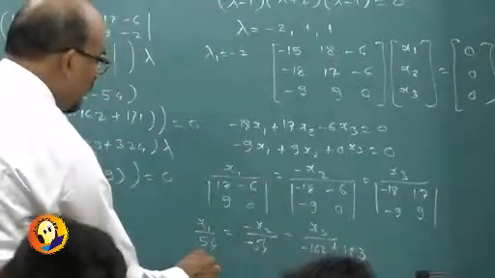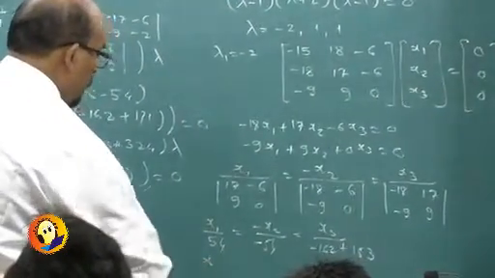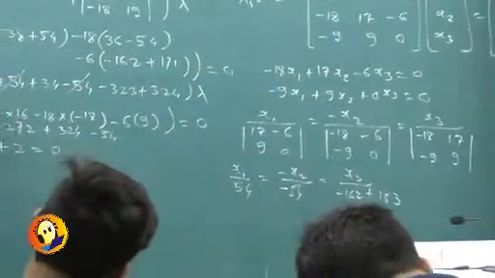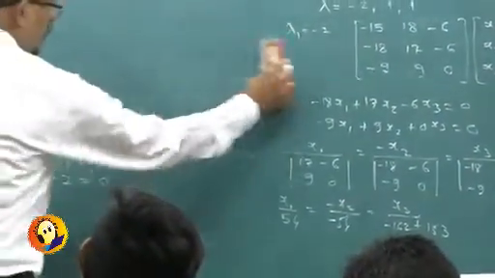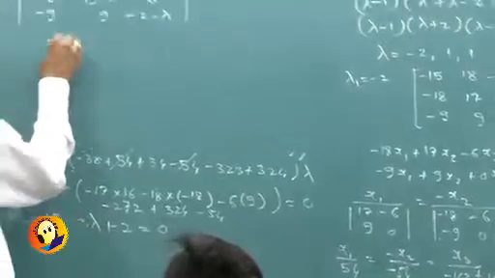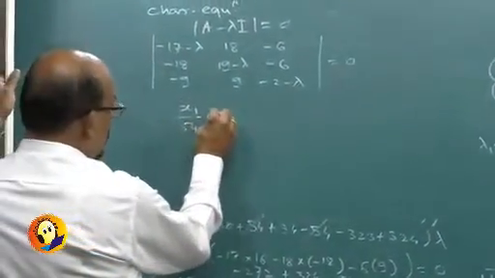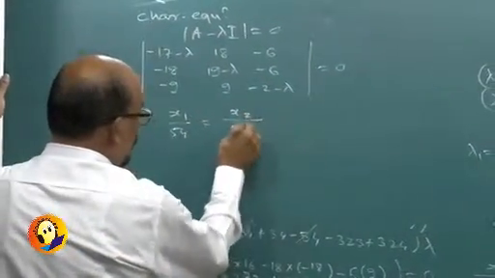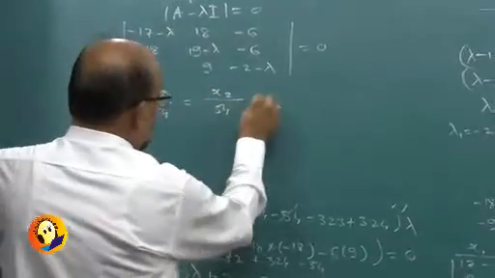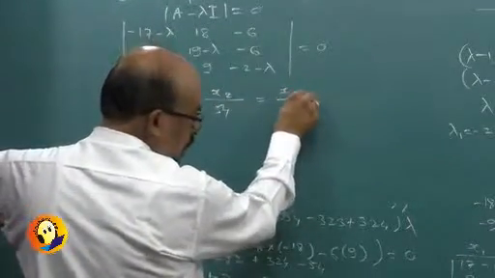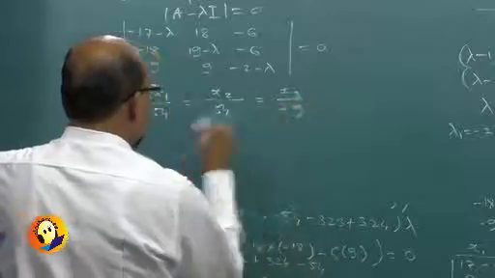So we finally get x1 upon 54 equal to x2 upon 54 equal to x3 upon minus 9.